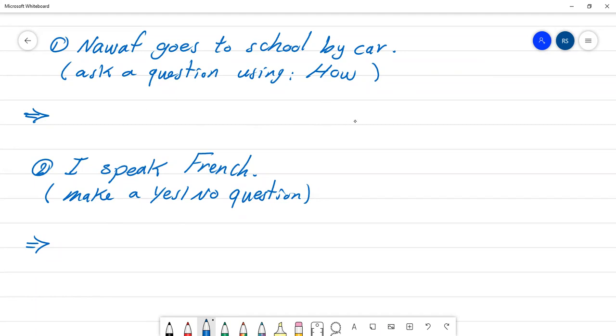Yes, go on. How Nawaf go to school every day? My friend, we are talking about question 1. Nawaf goes to school by car. Ask a question using how. Number 2, we don't have ask a question using how here. So we are talking about number 1.